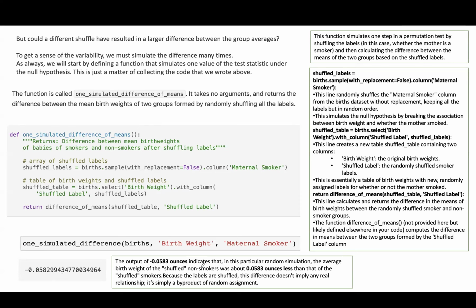This output indicates that in this particular random simulation, the average birth weight of the shuffled non-smokers was about 0.0583 less than that of shuffled smokers. Because the labels are shuffled, this difference doesn't imply any real relationship. It's simply a byproduct of random assignment.